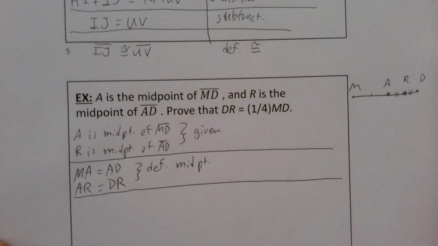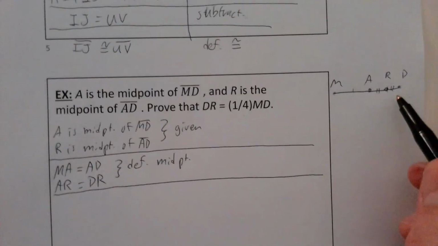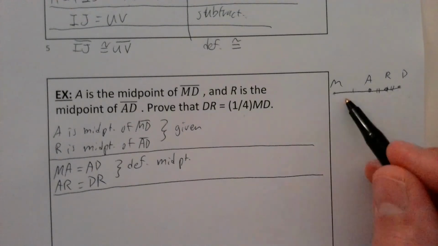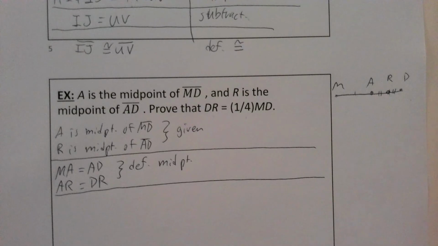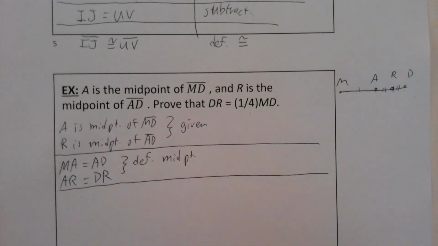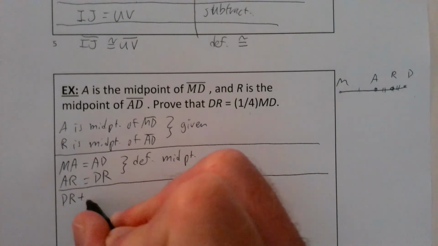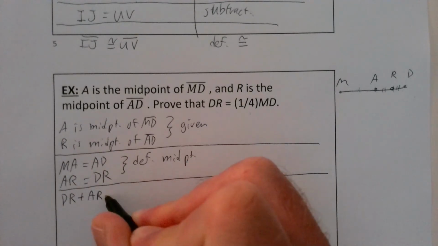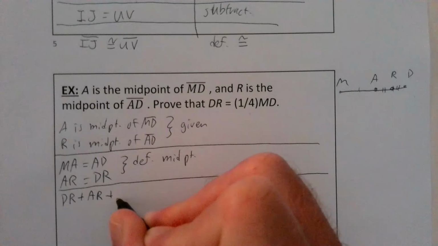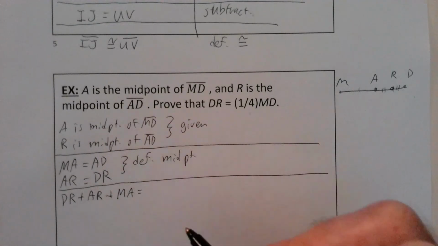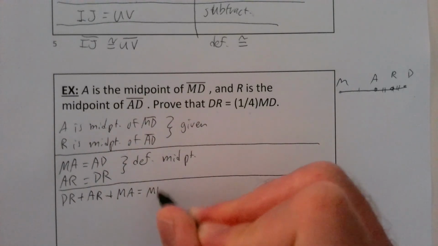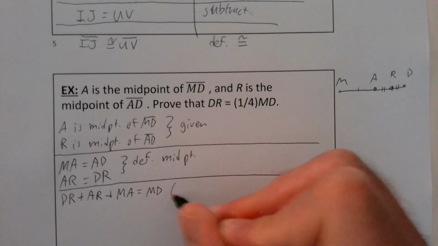Okay, so let's see here. I'm going to go ahead and look at the segment addition postulate. Let's see here. Say DR plus AR plus MA equals MD. It's by my segment addition postulate.